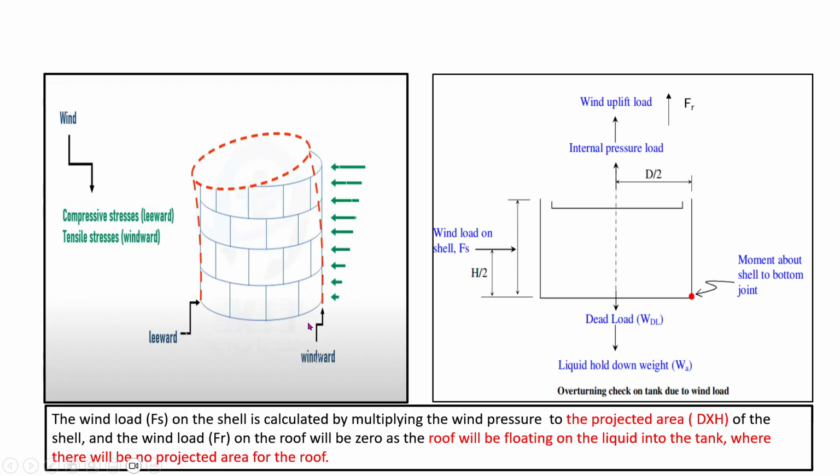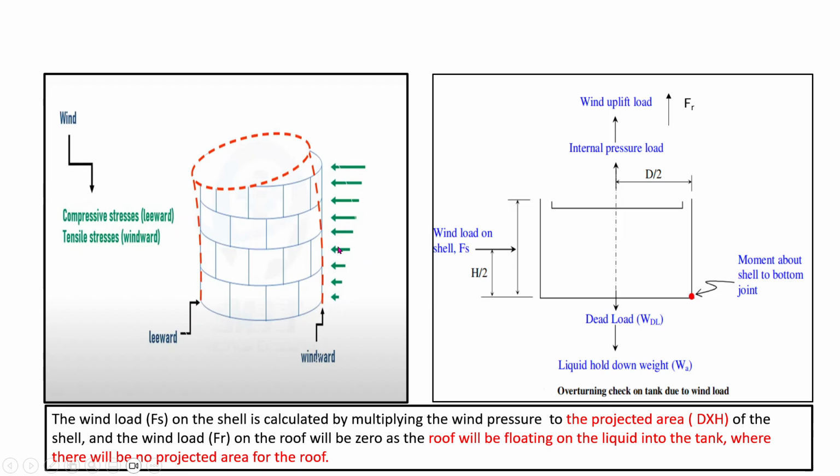How will we calculate this force? It is the pressure due to velocity into the projected area. On one side it will be tension and on the other side compression.